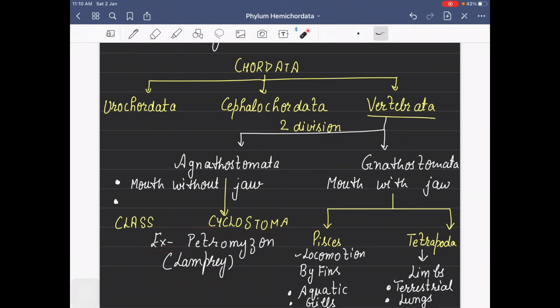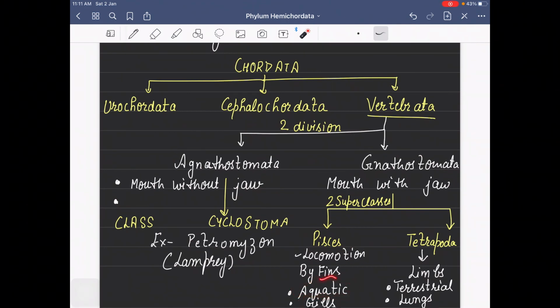But Gnathostomata is further divided into two superclasses, and these two superclasses are Pisces and Tetrapoda. Pisces means fishes, fishes means aquatic, aquatic means gills.